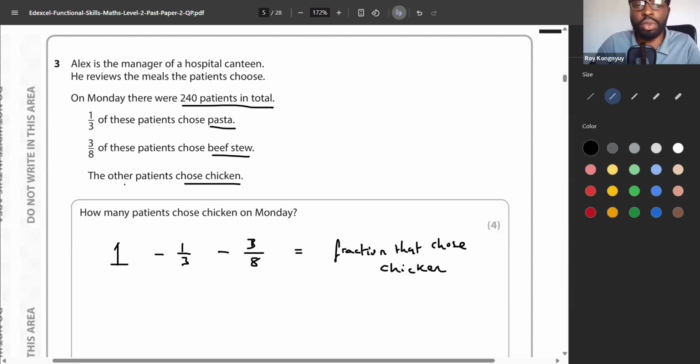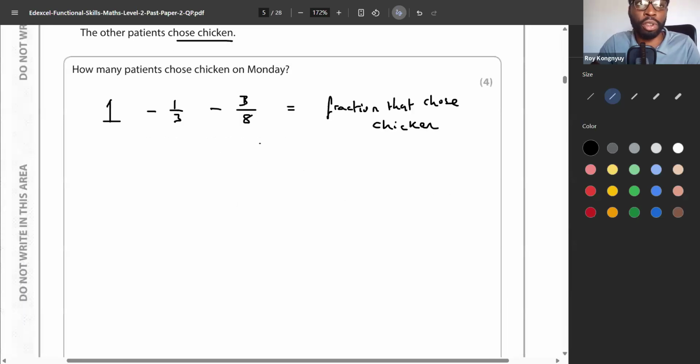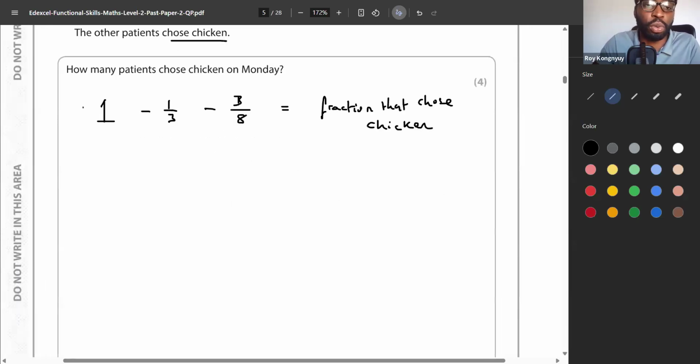Okay. So to do this, let's bring everything into a common denominator. 24 is an easy choice, right? 3 and 8, both go into 24. So let's introduce a factor of 8 here, a factor of 3 here, and a factor of 24 for the whole.